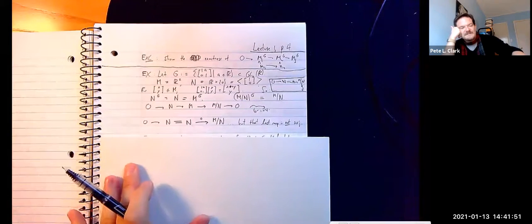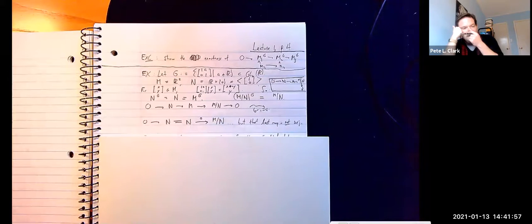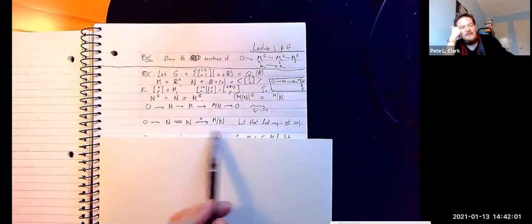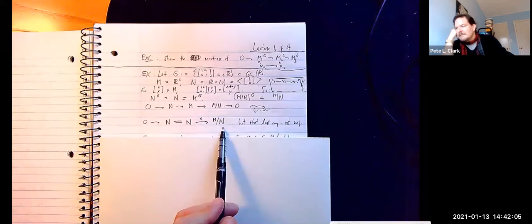Okay? And then you look at this and you say, uh-oh, this map here was surjective, right? But now when I pass to invariants, these two things are isomorphic. They're both isomorphic to R, but the map is the 0 map.